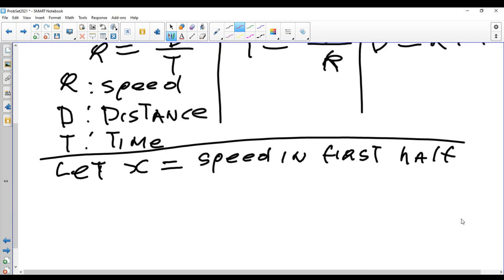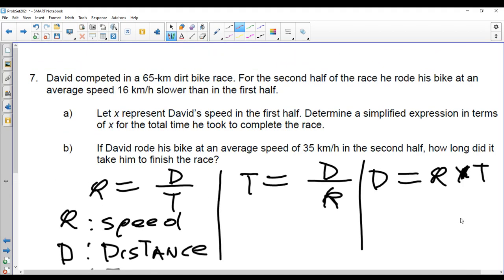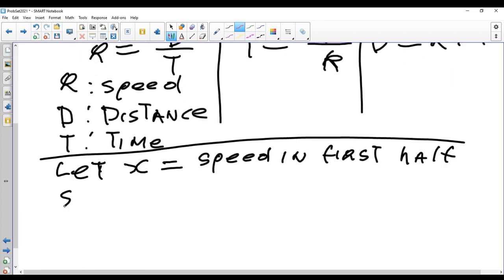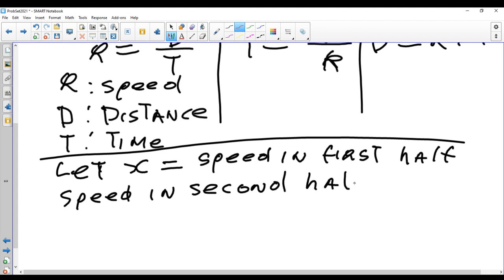If X represents the speed in the first half and he's going 16 kilometers per hour slower, go ahead, please. No, it's not quite right. X minus 16. So speed in the second half, since it's 16 kilometers per hour slower, we just simply take away 16 from X. So X minus 16. 16 kilometers per hour slower.